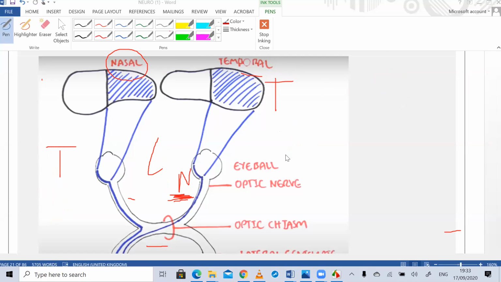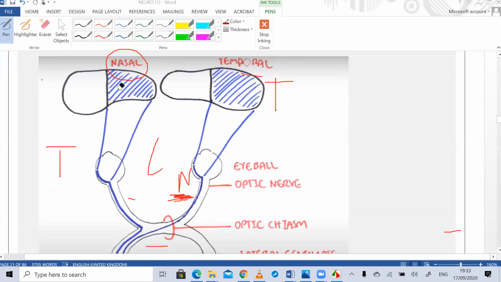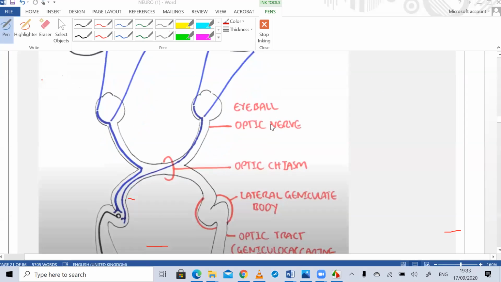What do you think in the optic chiasma? Which decussate in the optic chiasma? The nasal fibers or the temporal fibers? If you take care here, the temporal fibers don't decussate, but the nasal fibers decussate in the optic chiasma.